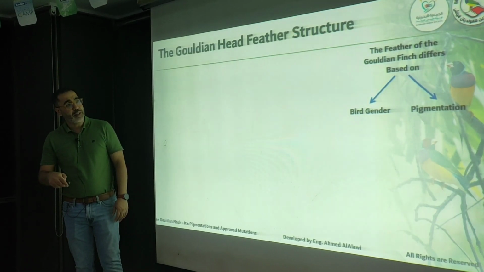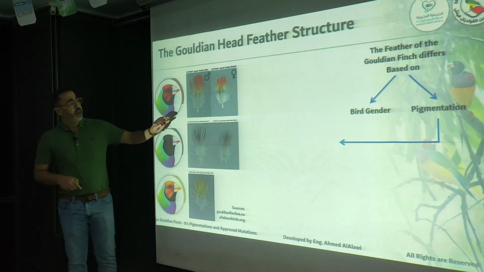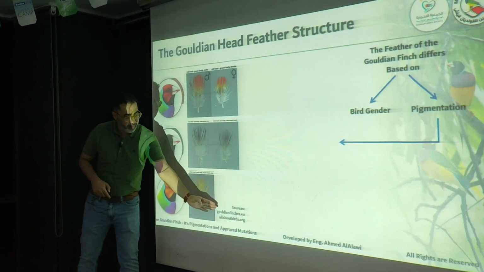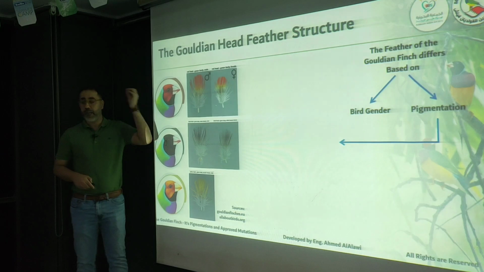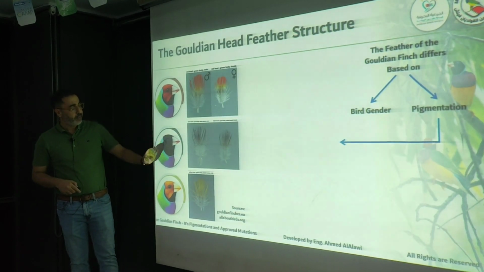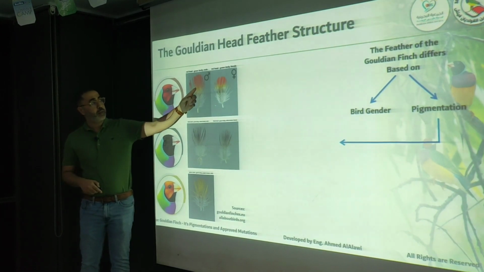On the other side, we look at the pigmentation. So, this is male and this is female. These feathers are from the head. Okay? Head feathers. Red head, black head, orange head. If I look at the red head, pay extra attention.